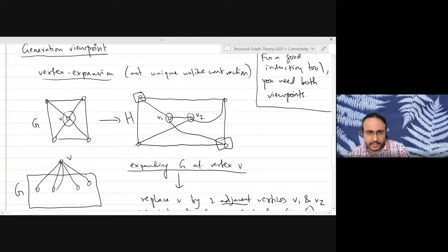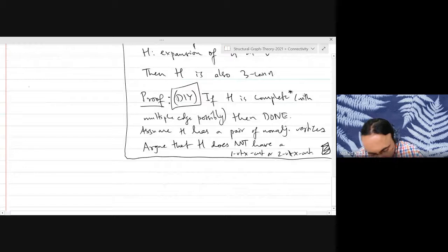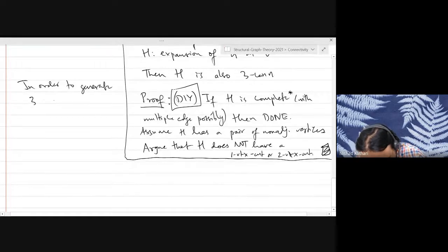So when you think of the generation viewpoint, it is good to allow another operation, which is adding edges. Because if you add an edge to a 3 connected graph, it will remain 3 connected. That's very easy to see by definition. Okay? So, in order to generate 3 connected graphs, we also allow addition of an edge.